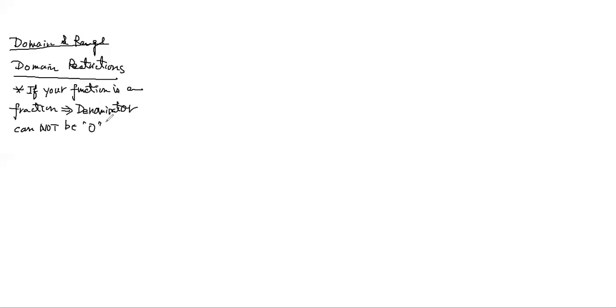We know with fractions, if your denominator is 0, it's not defined. So when you see a function with a denominator, you need to make sure you get rid of the point where the denominator equals 0. Then you can get your domain.